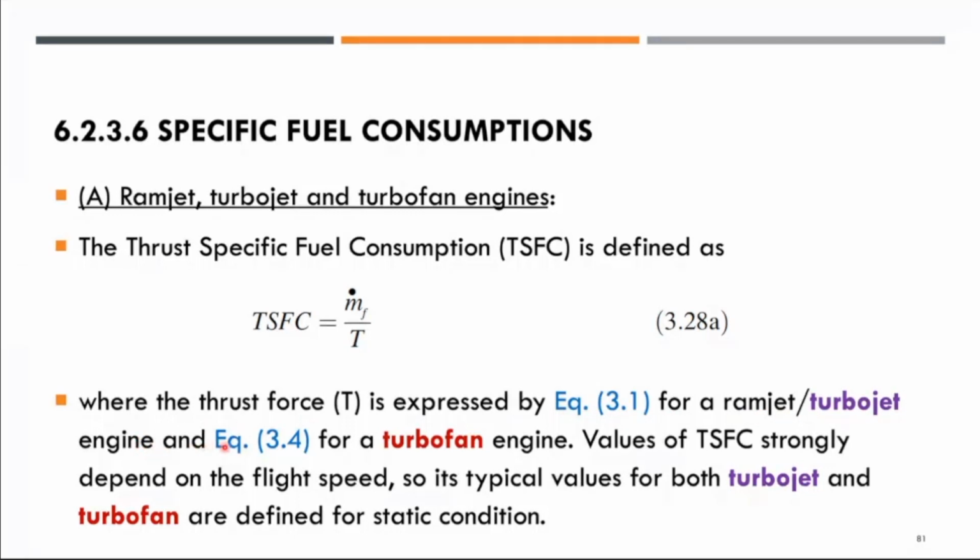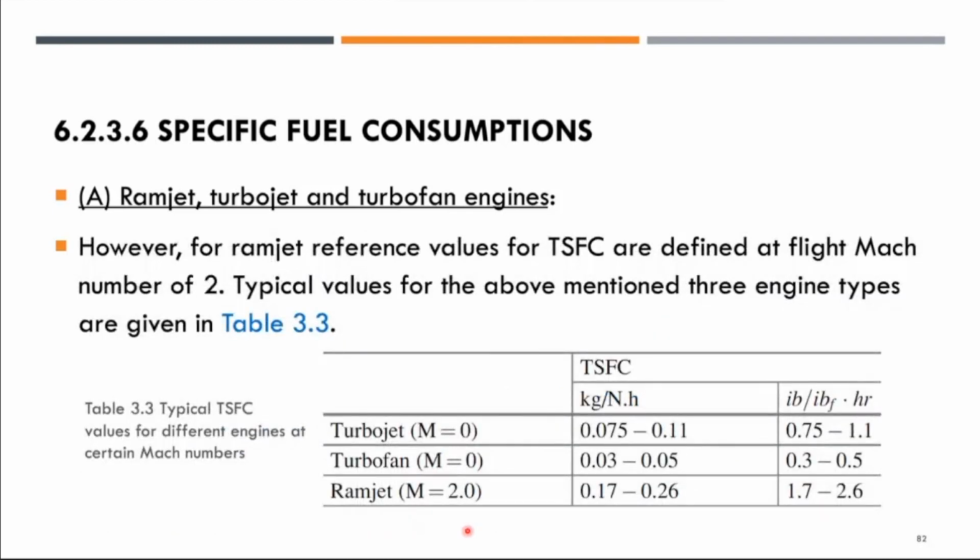Equation 3.4 is for turbofan engine. The values of TSFC strongly depend on the flight speed, and so its typical value for both turbojet and turbofan are defined for static condition. However, for ramjet, the reference values are defined at flight Mach number of 2.